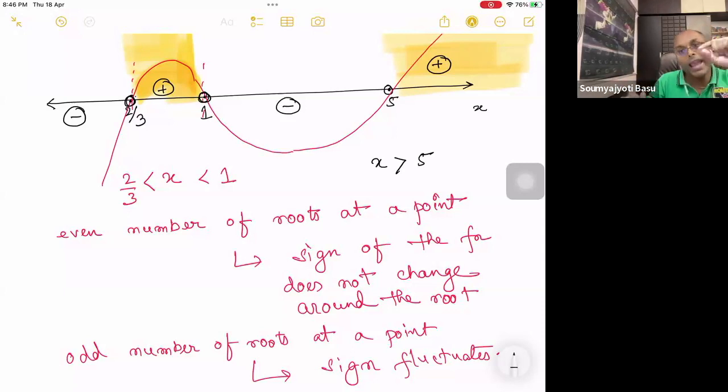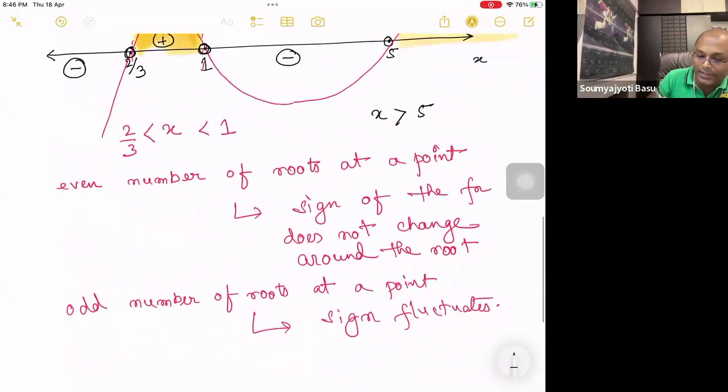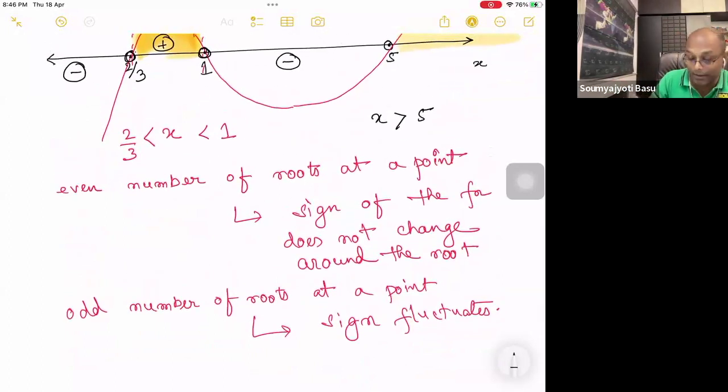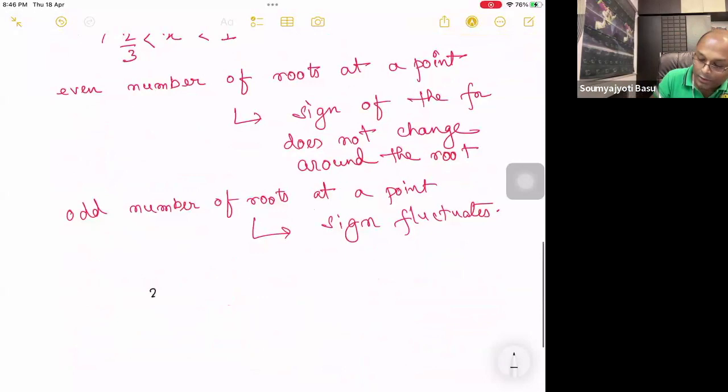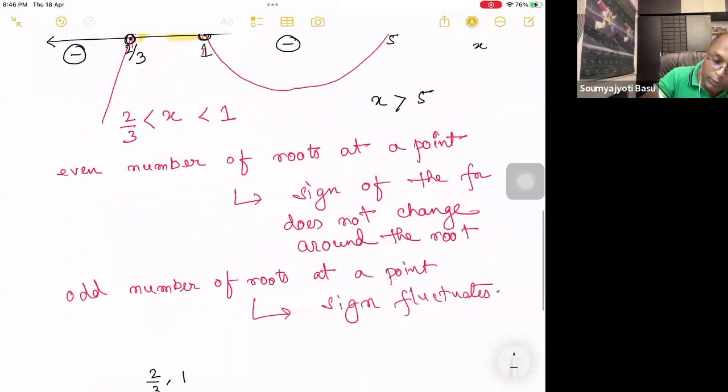See, x satisfies all real numbers lying between 2/3 and 1. All real numbers lying between 2/3 and 1 is expressed as (2/3, 1). And you have to put these numbers within a bracket. If the end point is included, end point means here 2/3 is an endpoint, 1 is an endpoint.